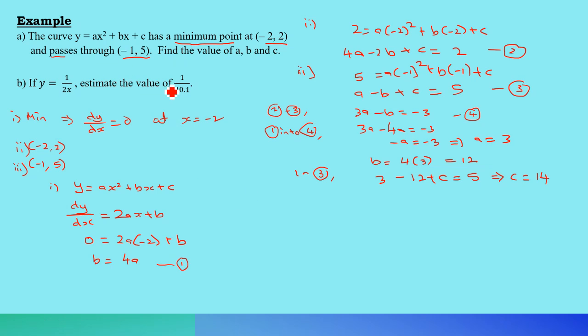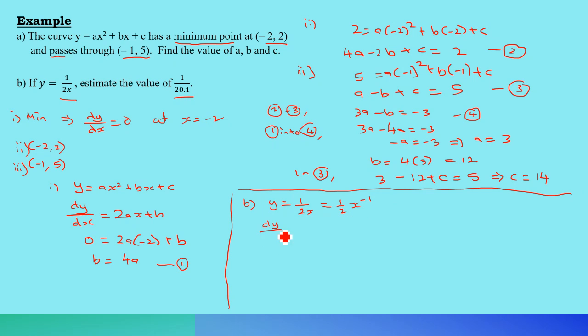Okay, another question like what we have done just now, estimate, but what you see is the type of function given here. So what I'm going to do is, let me just make enough space. So we have y is 1 over 2x, or you can write it as (2x) to the power negative 1.